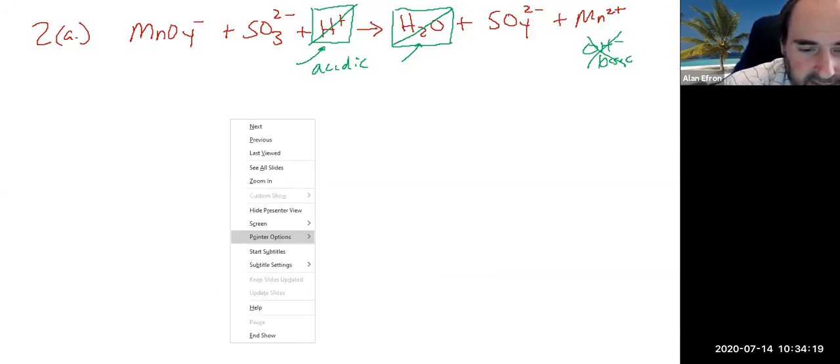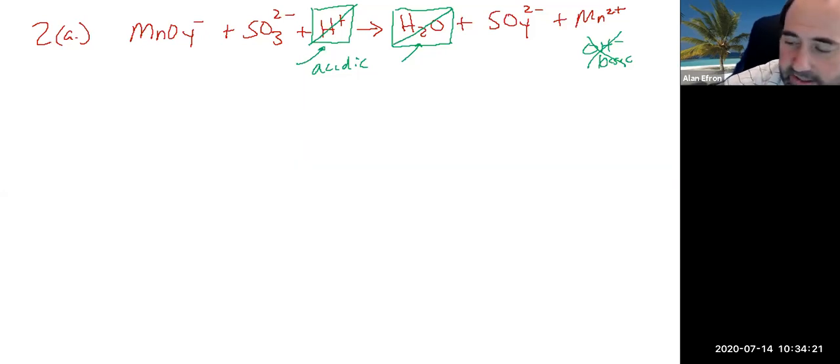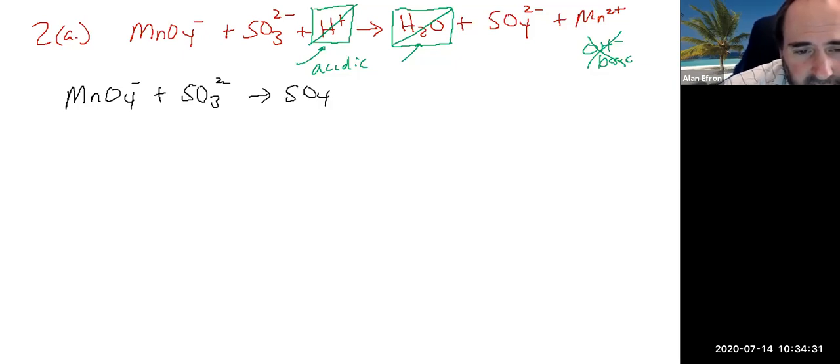So if we take those out of this reaction, you are left with MnO4 minus plus SO3 2 minus goes to SO4 2 minus and Mn2 plus. So this is probably what you want to start with. Again, I'll explain why these are here in just a second. But mainly they're here to tell you it's acidic condition. So we're going to balance this in acidic condition.